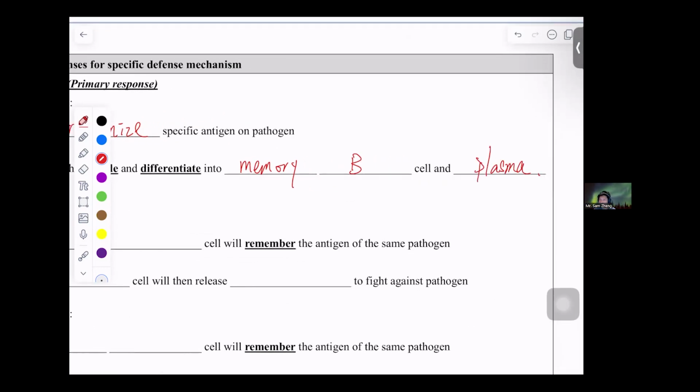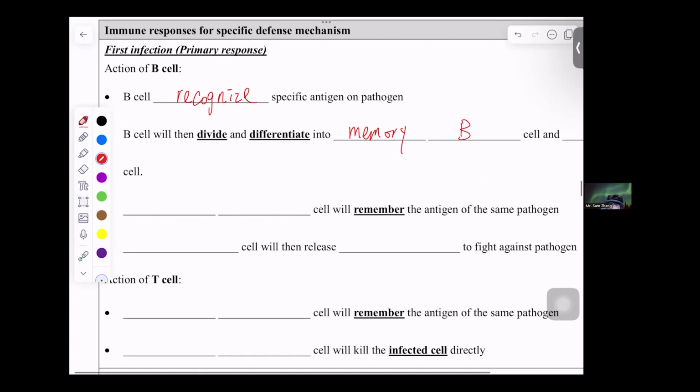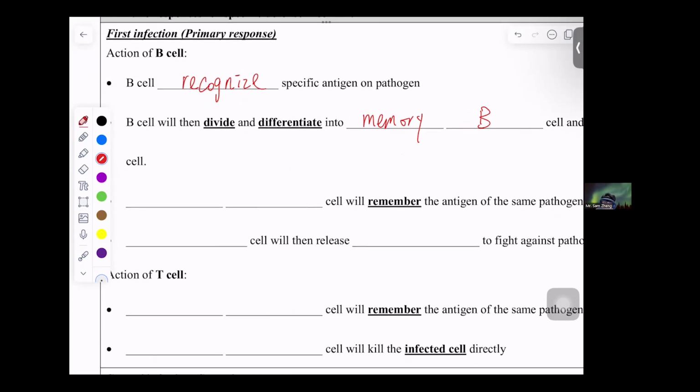Now, in the first, or the primary response, that means we have the first infection. It takes time for the B cells to do the cell divisions and differentiations. So the number of memory B cells takes a very long time to reach a certain number, and the plasma cells also take a lot of time to develop.